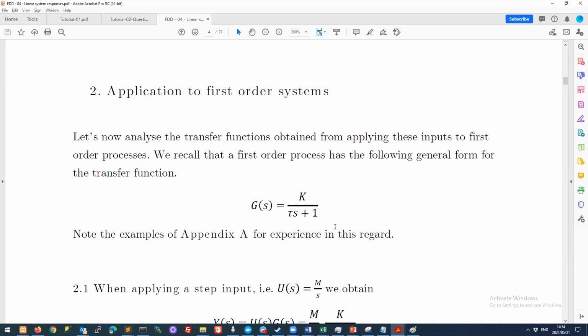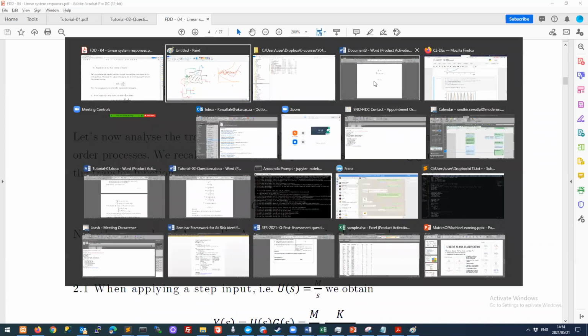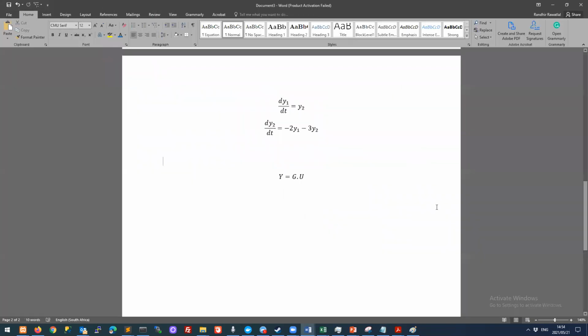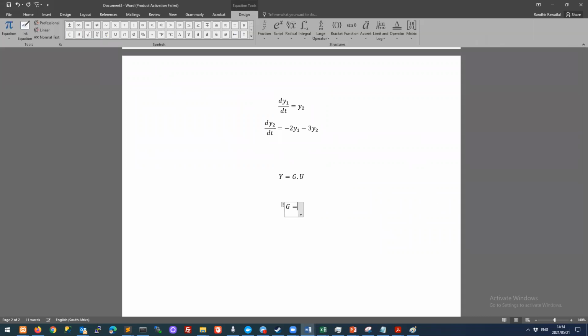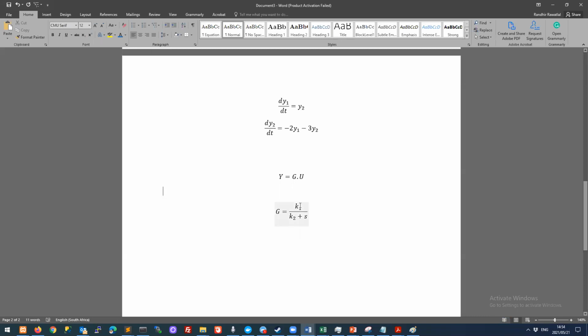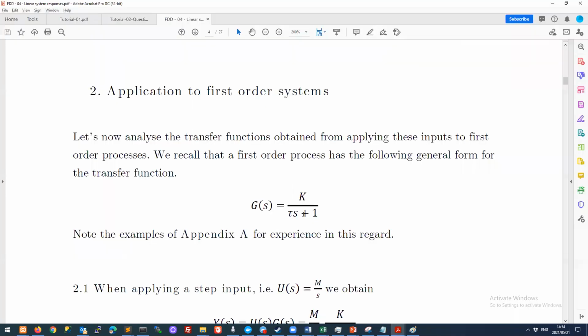So let's say we take a first order process. You've seen last week that you get a form that might look like G equals K1 over K2 plus S. If you have something like this, this is a first order system. The 1 over something plus S, that's first order.